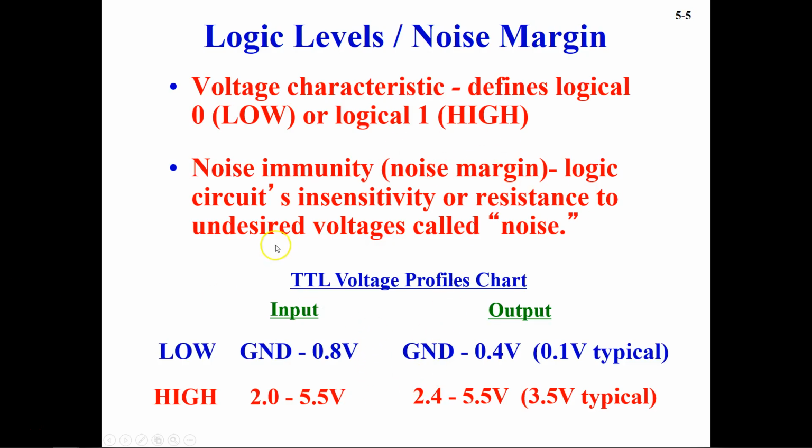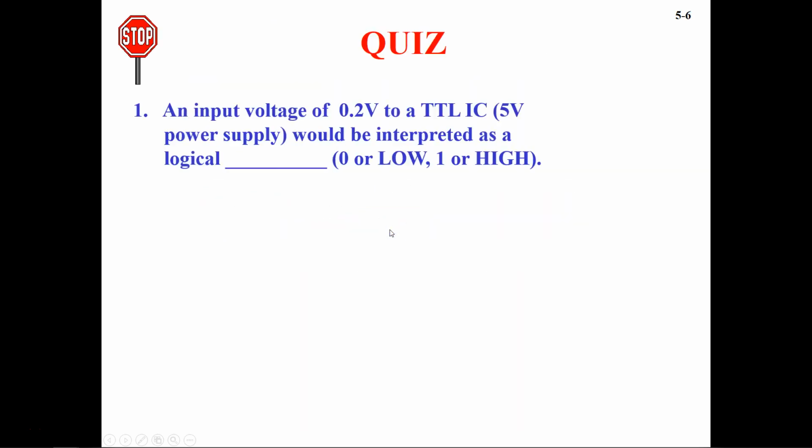Now let's move on to the next slide. It says an input voltage of 0.2 volt to a TTL powered at 5 volts would be interpreted as a logic 0 or logic 1.